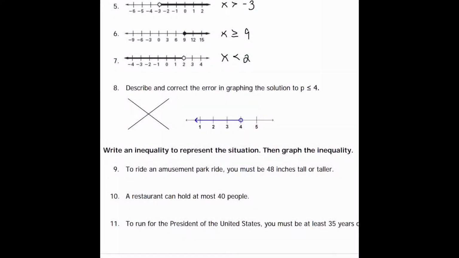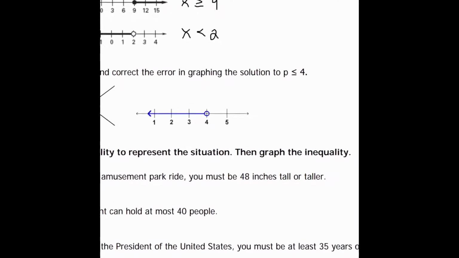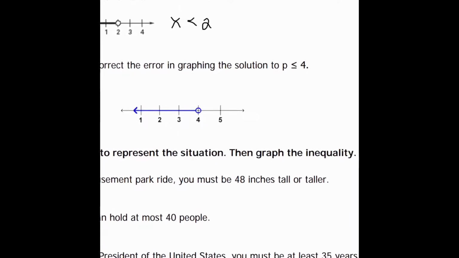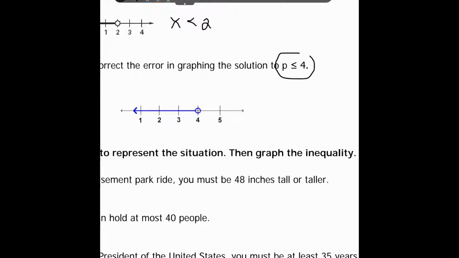Continuing on with number 8, this is a describe the error question. So they want us to correct the error in the graphing of the solution to p is less than or equal to 4. Well, looking at this number line, we have the circle at 4, which is good. Our arrow is heading to the left, which is good because it's a less than symbol.